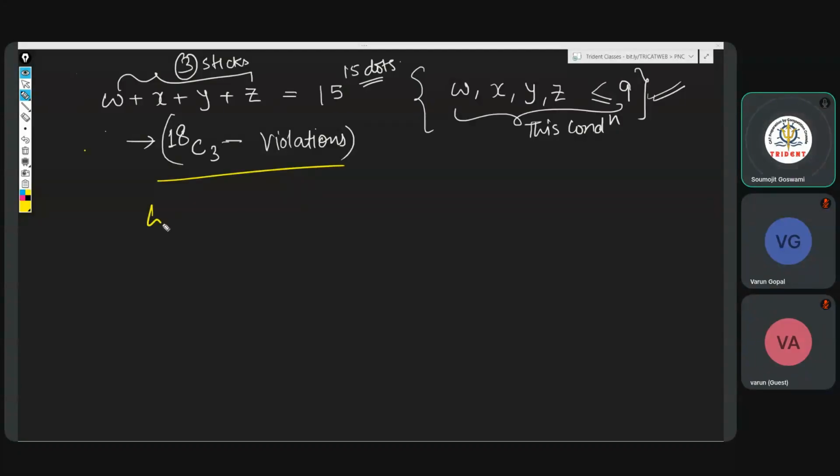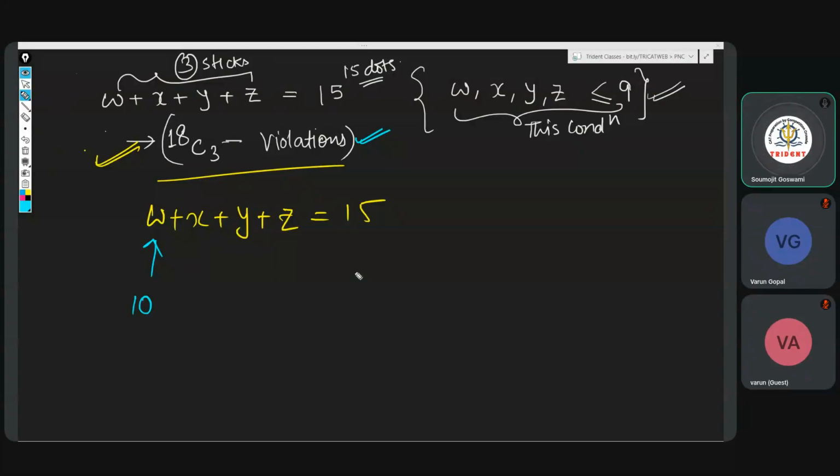W plus X plus Y plus Z is 15. 18C3 happens because of partitioning. Okay, so that everything is perfect. The point is that I want to violate the condition now for calculating the number of violations. The moment I substitute W as 10, I am violating my condition.